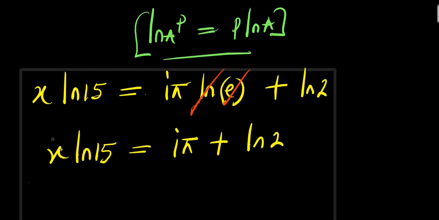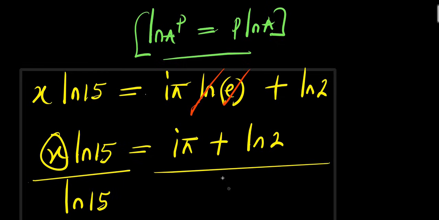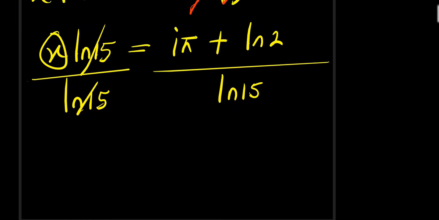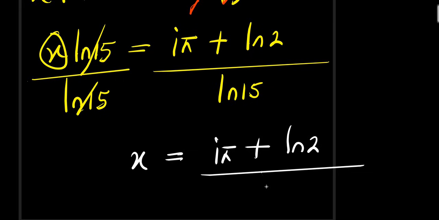So we are solving for x, and divide this by natural log 15. This eliminates this. So what I'm going to get as a result is x equals i times pi plus natural log 2 divided by natural log 15.